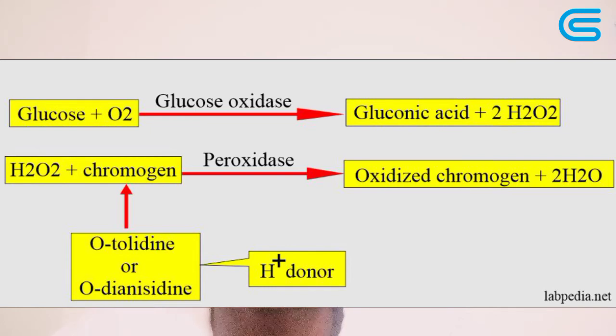This hydrogen peroxide reacts with a chromogen in the presence of peroxidase to produce oxidized chromogen, which is blue in color, and water. So it is this blue color intensity that is specifically observed in the urine strip method to detect the amount or the presence of glucose in urine.